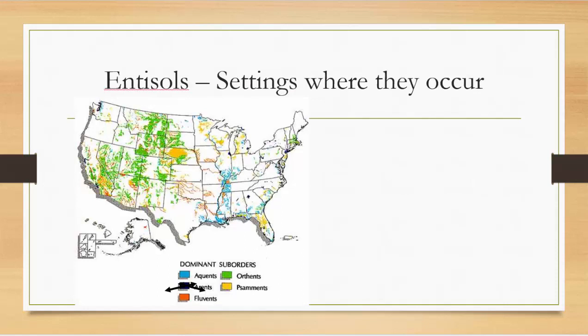Now let's look at a map that NRCS came up with a couple of years ago that shows the settings of where Entisols occur. I want to point out first off that in the 12th edition of Keys to Soil Taxonomy, the arents are not included, so we won't talk about arents.